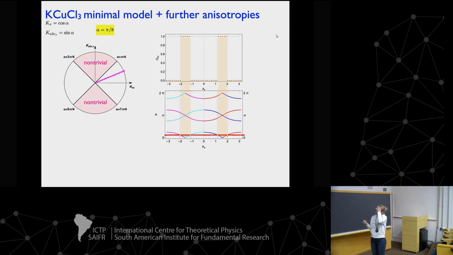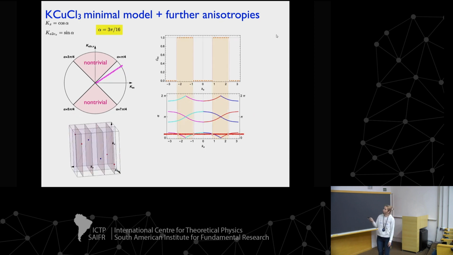Then as we move with this alpha parameter, changing the ratio of these parameters, we will have our nodal points at different positions, and between them the Chern number can actually change. This is what we are showing here, moving in this parameter space.